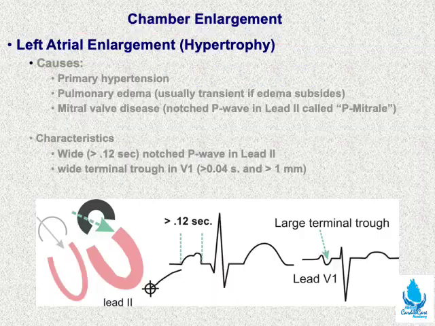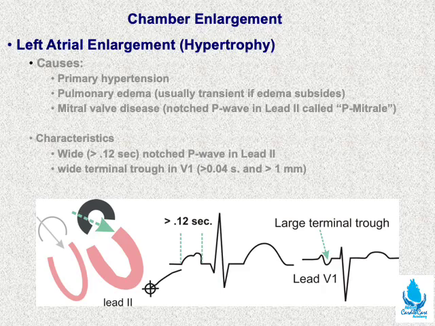And also the left atrial enlargement, we see here, we have different causes, of course, but how can we diagnose it? By duration. If it reaches 3 small squares in width, that is 0.12 second, this is left atrial enlargement. Another way is to look at lead V1.